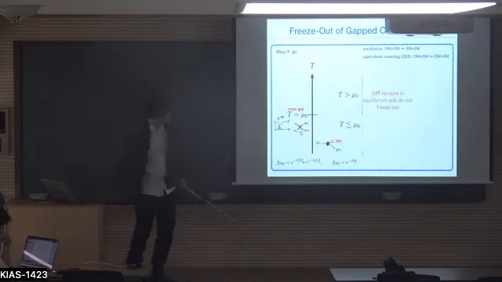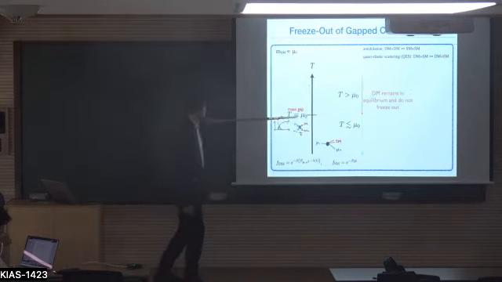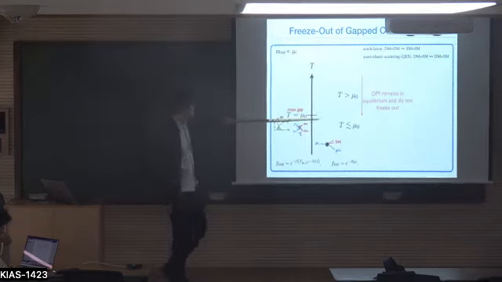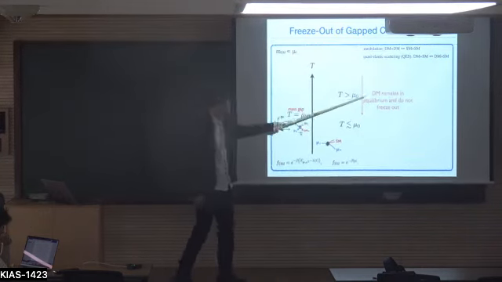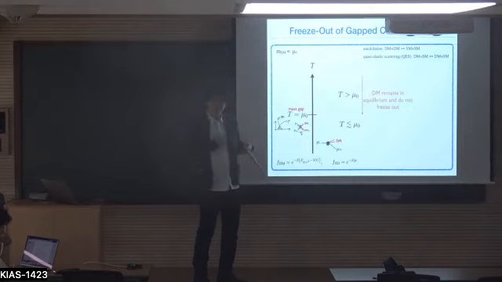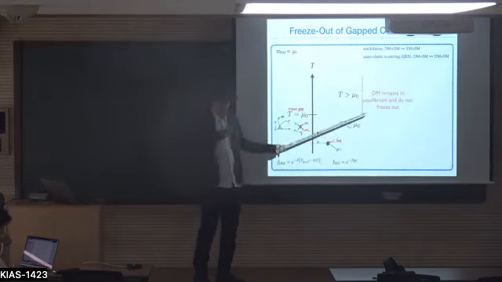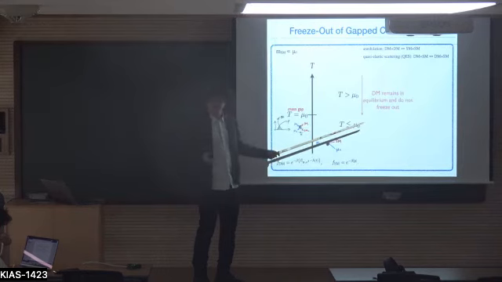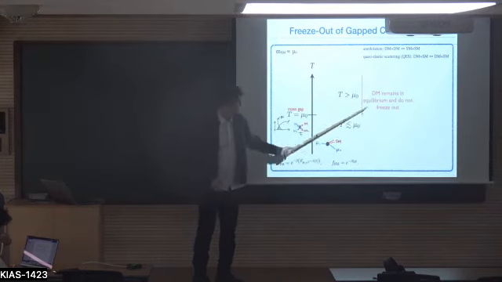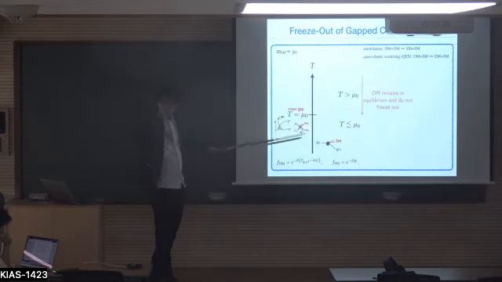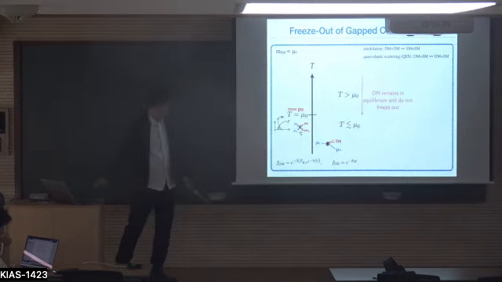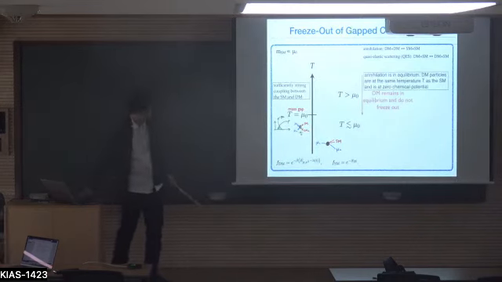Maybe I should tell you this. This is the mass gap. When the temperature is larger, the dark matter can still be produced in this continuum from the standard model, so they are in equilibrium. But if the temperature goes below this mass gap, then things happen, right?